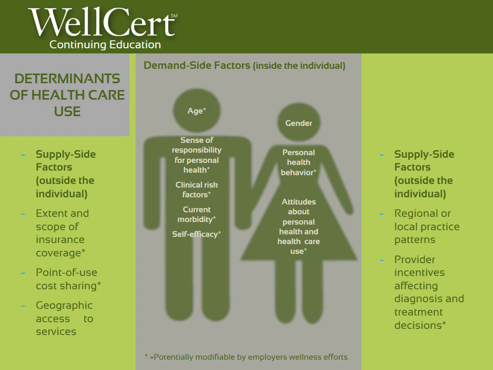So this is again an important summary because these are the issues that influence how much healthcare utilization and how much stabilization of healthcare costs we experience when we do wellness in working populations.